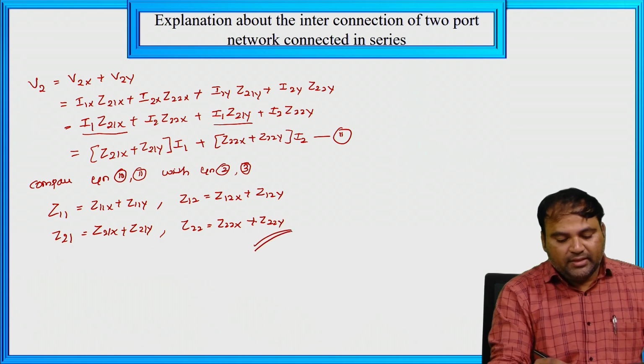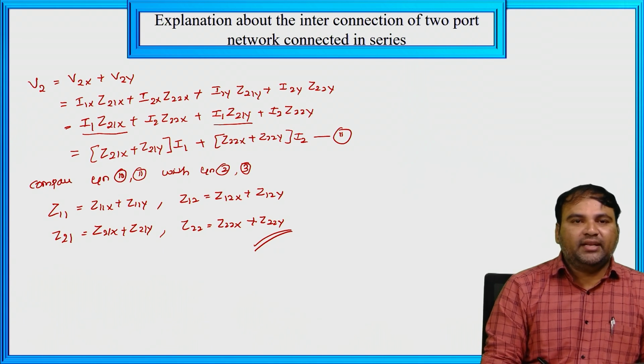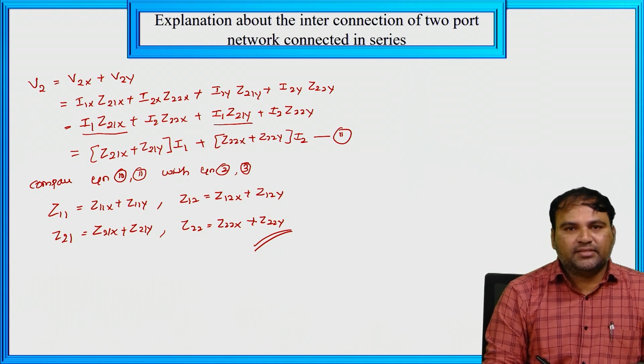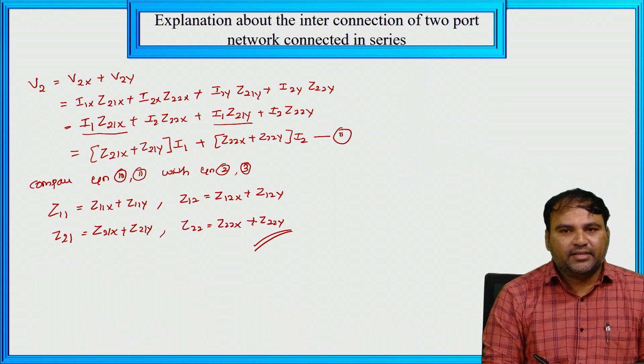These are the Z parameters of the interconnection of two two-port networks when they are connected in series. This is the explanation of the series interconnection of two-port networks.